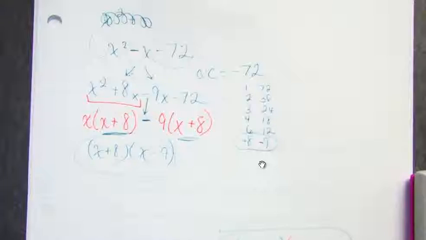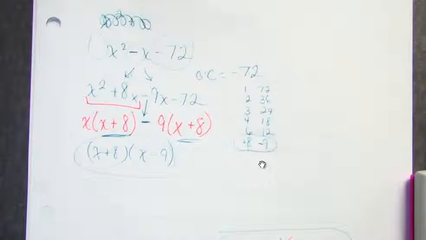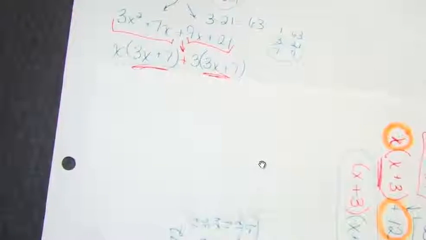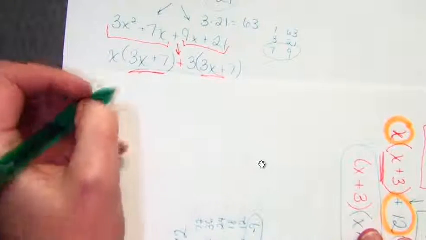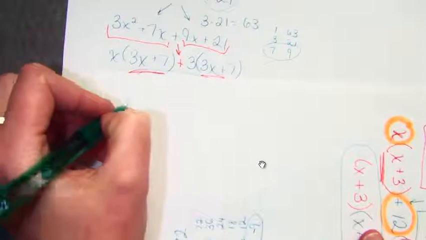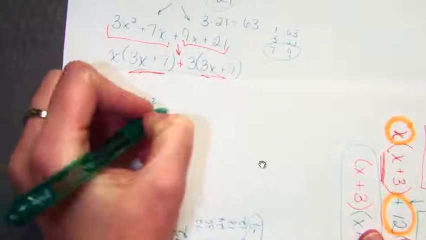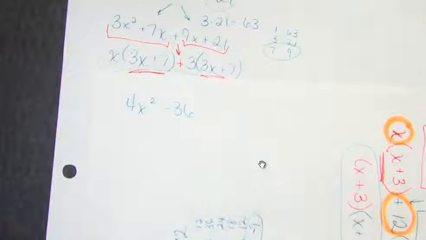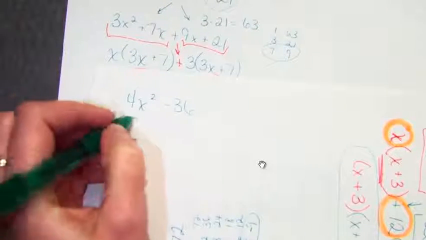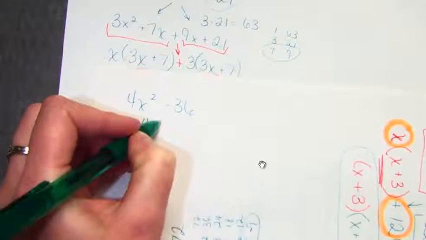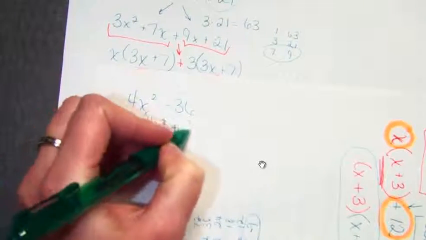Let's do one more to show you a unique situation. Sometimes there is no middle number. We can just simply do the same thing again, only this time I'm going to have to rewrite it and add in that middle term.